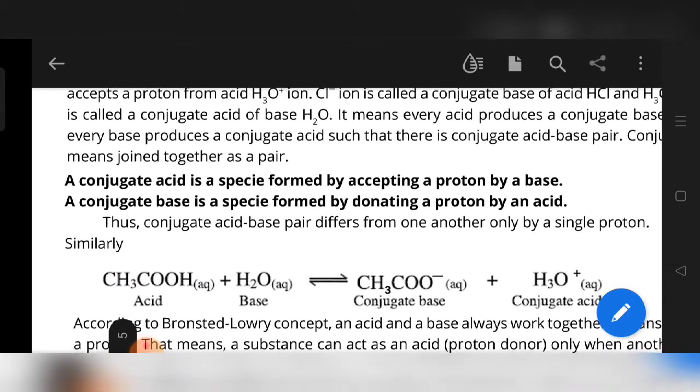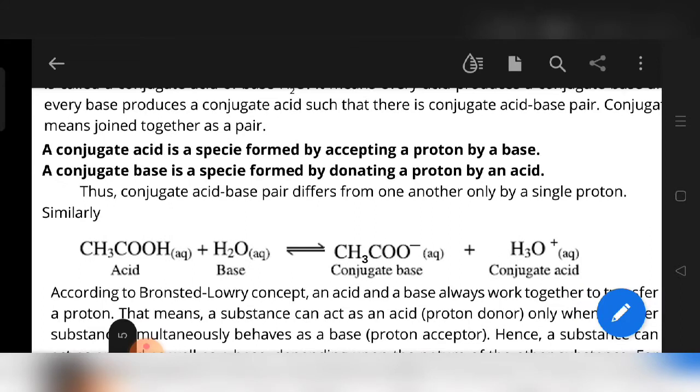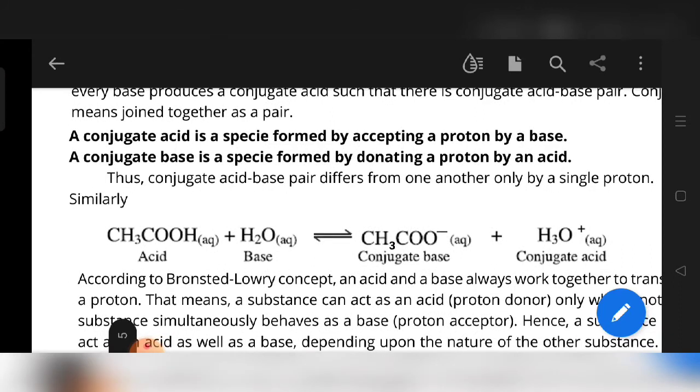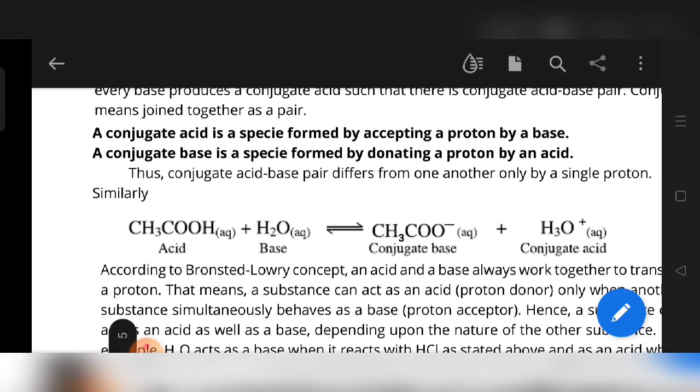Similarly, when acetic acid reacts with water, a conjugate base is formed, and a conjugate acid is also formed, because in acetic acid, hydrogen is partially ionized and gives its proton to water. In the forward reaction, you can see acetic acid acts as an acid by donating a proton, and water is a base by accepting a proton.